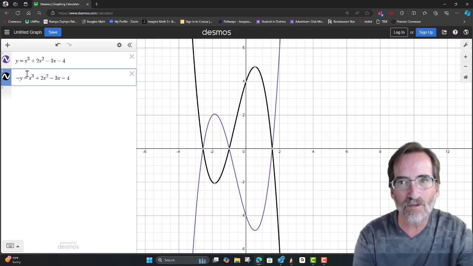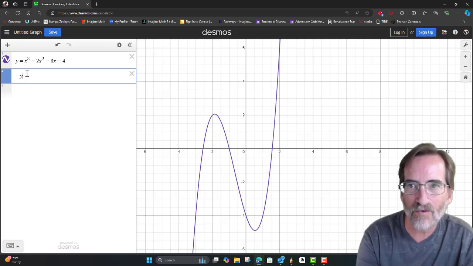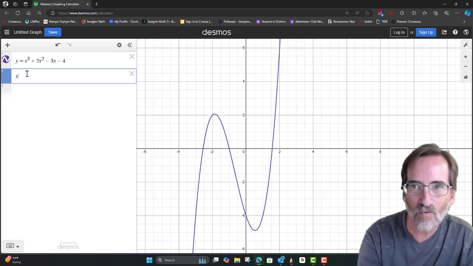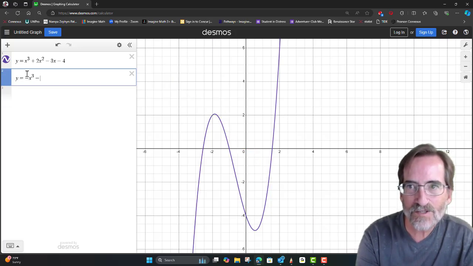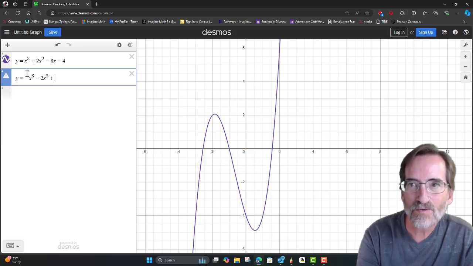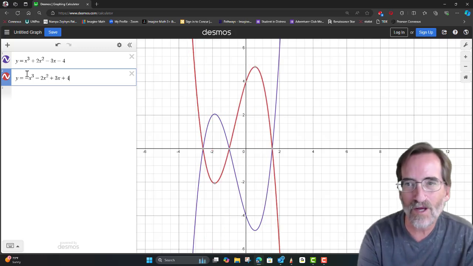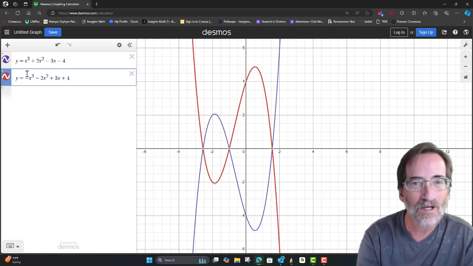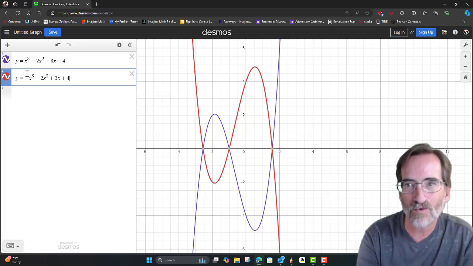Notice that flipped vertically, but we don't write it that way. We don't just put the negative on the y. We multiply through by a negative 1 so that we have y = negative x cubed minus 2x squared plus 3x plus 4. There's our x-axis reflection, by changing the sign on the y, but really multiplying the negative 1 through everything.